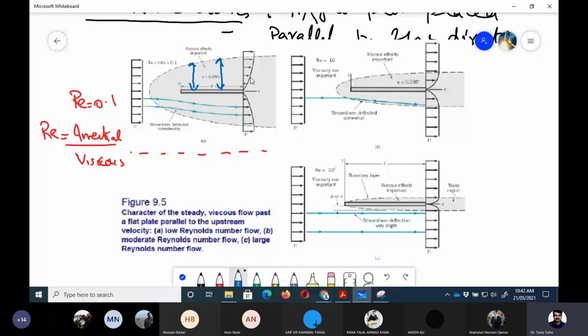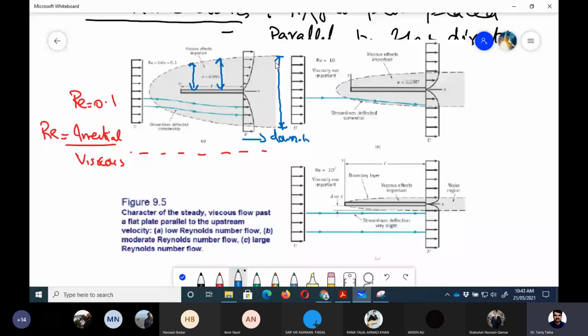And then there is a very large wake region here. Wake region is the region downstream. Downstream is this location, and here we can see the wake region thickness. This is the wake region, right?